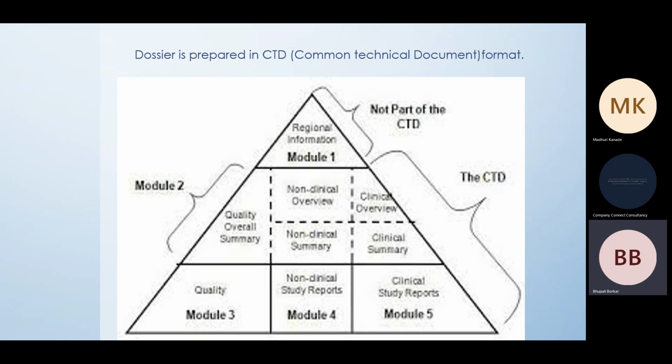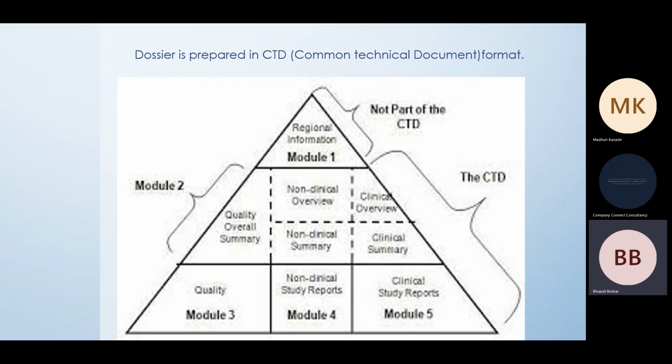Next comes module 2. Now, module 2 includes your quality overall summary. Now, quality overall summary is, in short, module 3. Module 3 will include your specification, your analytical procedure, your manufacturing procedure, your formulation, your batch formula.